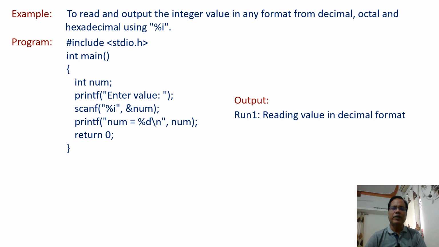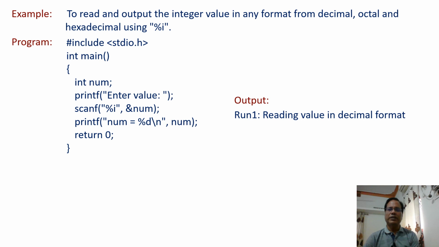First we will try to read the decimal value and display it on the output screen. That is very obvious from this program. But just to understand %i, we have to understand how it is used to read integer, decimal, octal and hexadecimal values and display them on the output screen.